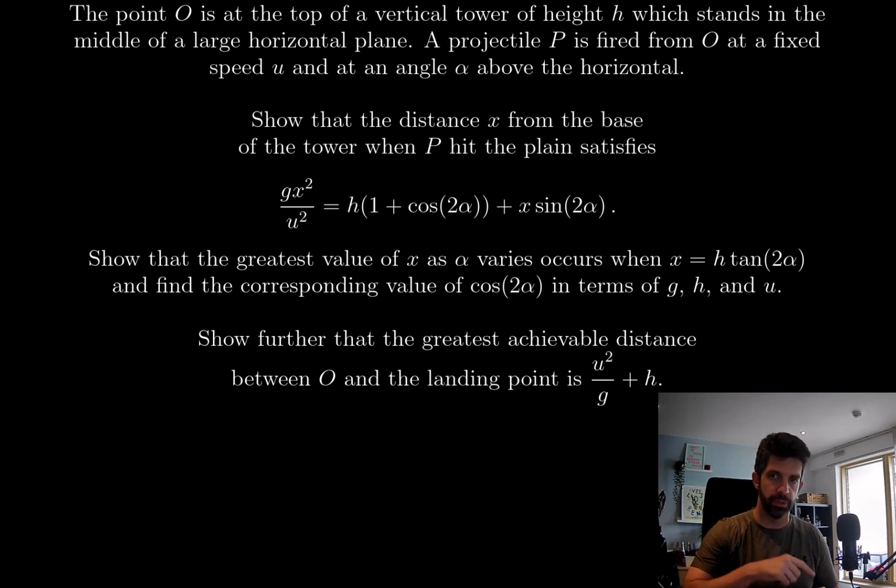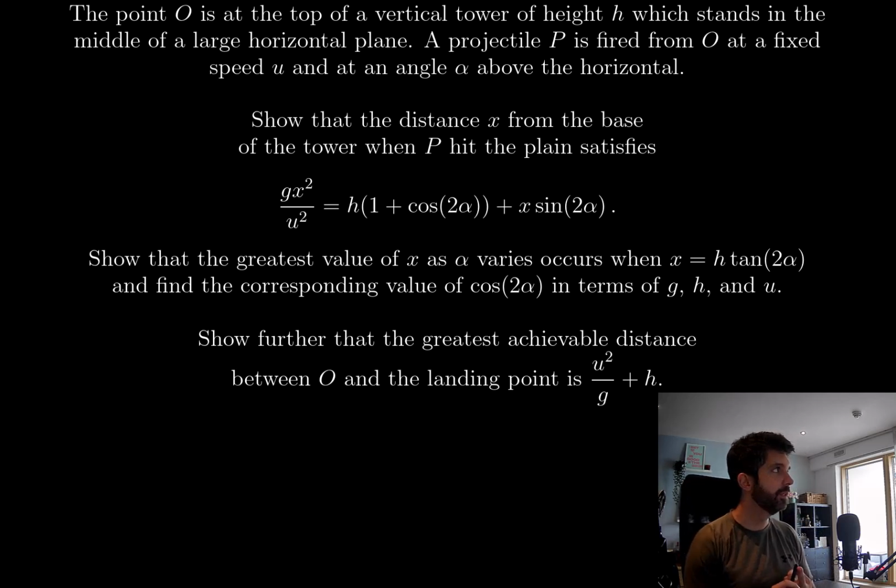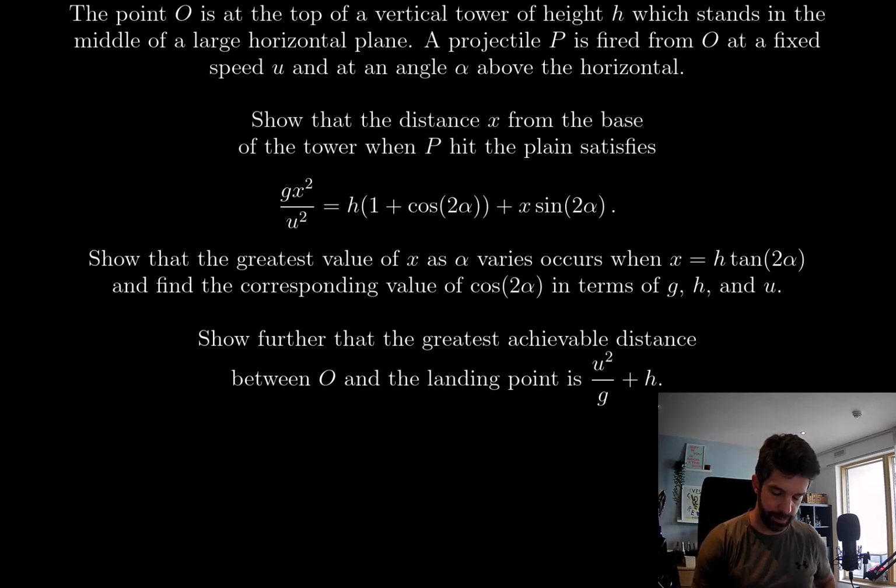We can easily compute how long it takes to hit the ground. And once we have that time, we can take the horizontal component of velocity and find out how far the projectile goes horizontally, and then we have exactly the point at which it lands.